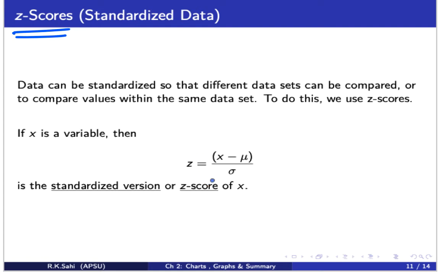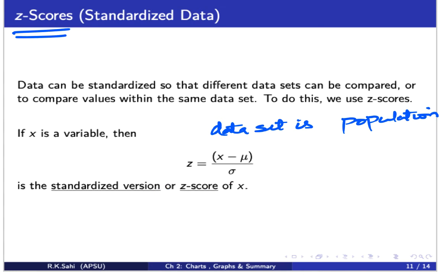Z-score is simply x minus mu over sigma. Here I'm assuming my data set is a population. Remember, the population parameters are the mean and the standard deviation, which is sigma. So this is the standardized version, or z-score, of x.